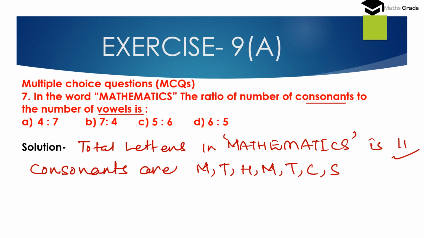So number of consonants is 1, 2, 3, 4, 5, 6, 7.